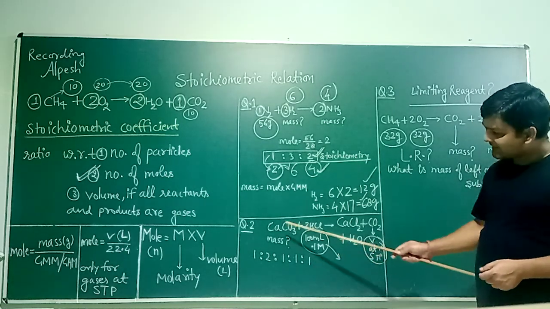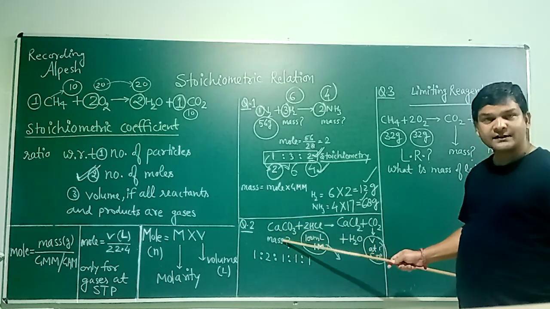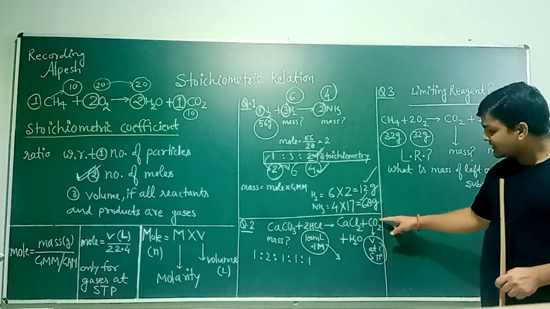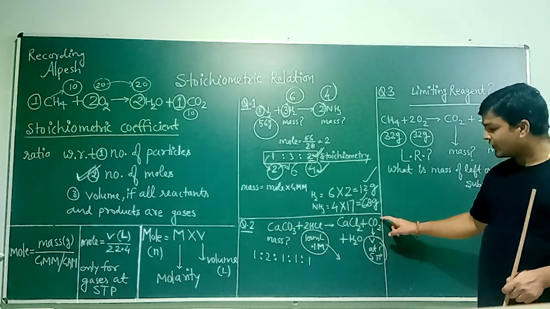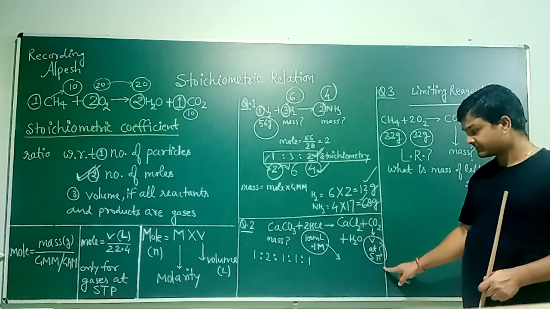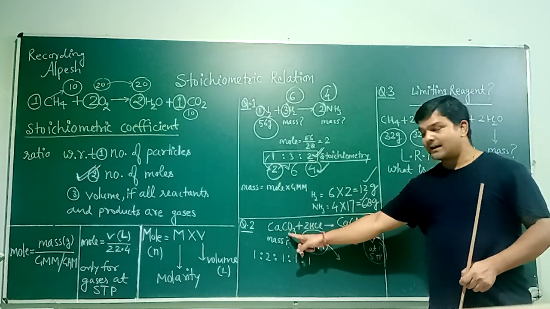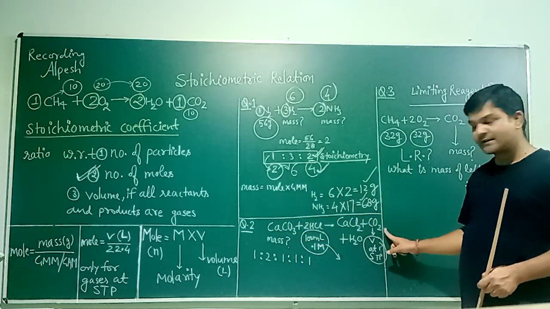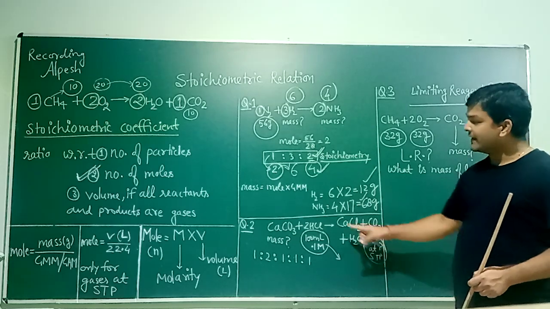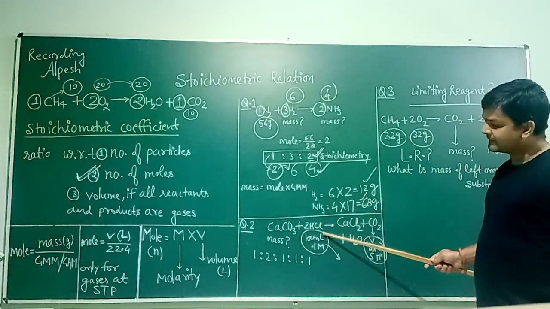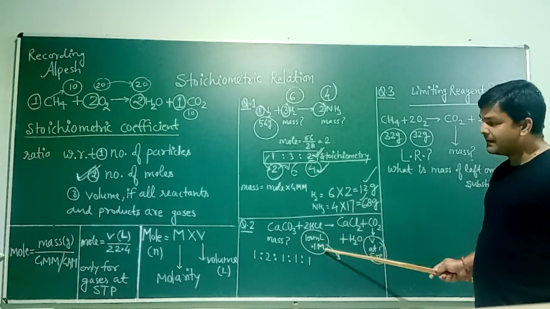Now as per the question, you need to calculate the mass of calcium carbonate required and the volume of carbon dioxide produced at standard temperature and pressure. I repeat, the mass of calcium carbonate required and the volume of carbon dioxide produced at STP when calcium carbonate reacts with 100 milliliter of 0.1 M HCl.